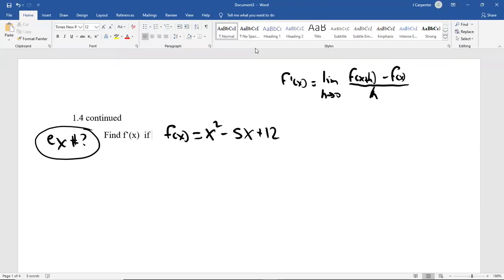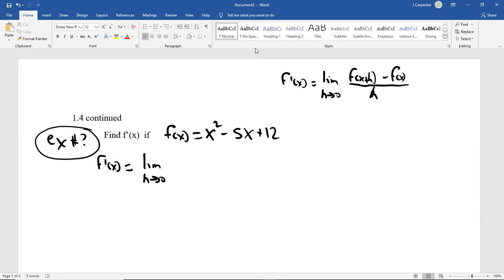Admittedly, we won't use it in chapters 2, 3, 4, but it's not something I want you to forget, especially since if you forget it in chapter 2 and 3, by the time you get to the final, you've got to relearn it. That's more of a pain than having to just remember it constantly. I'm going to first write out f prime of x equals the limit as h goes to 0.